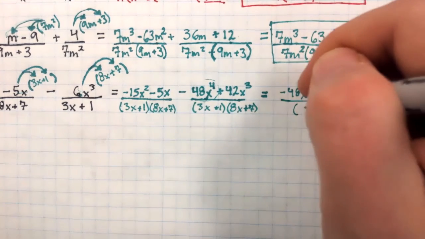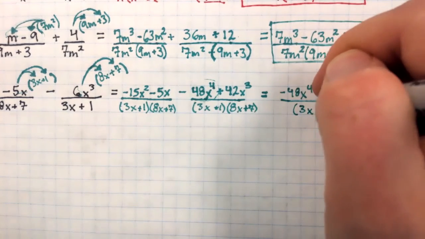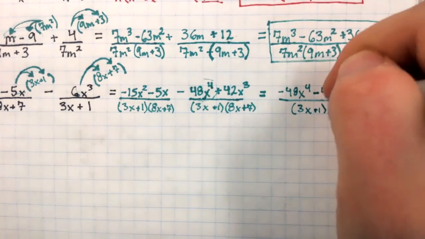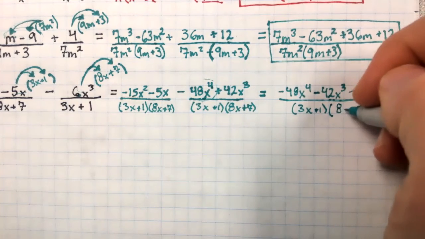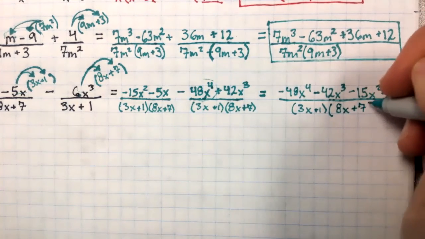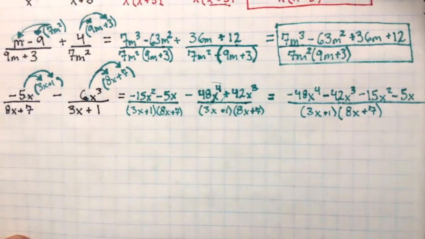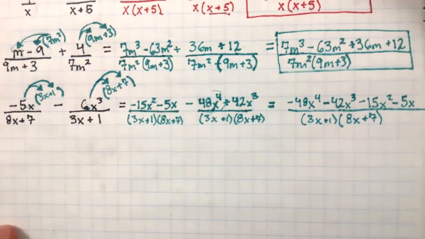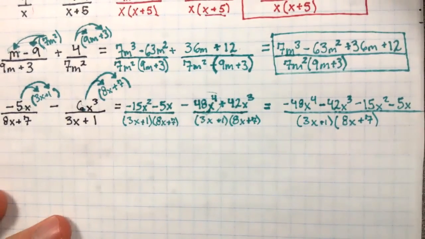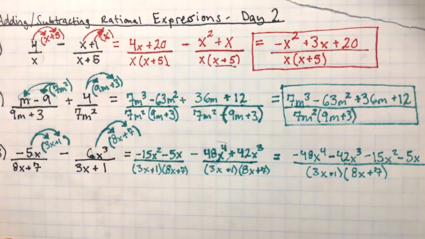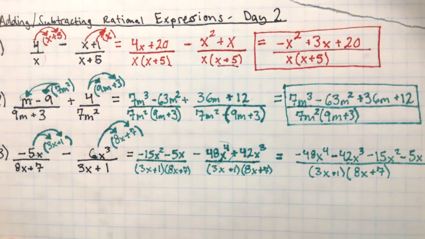So we'll rewrite it, 3x plus 1 times 8x plus 7. Fantastic. That's adding and subtracting rational expressions in a nutshell or something.